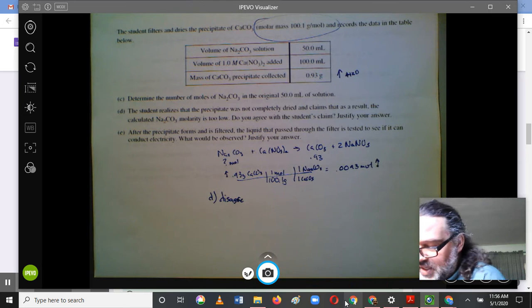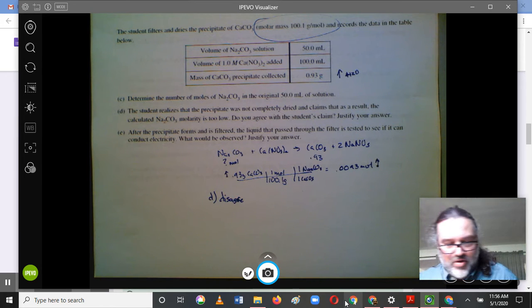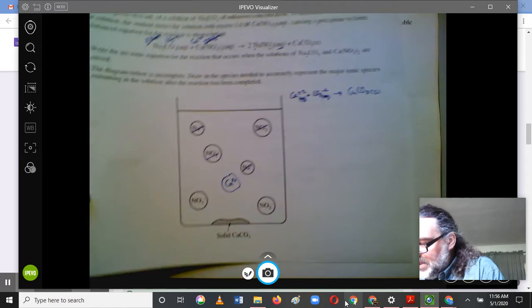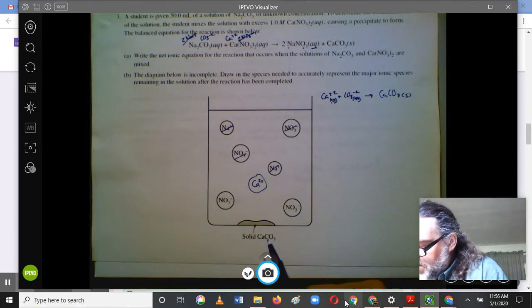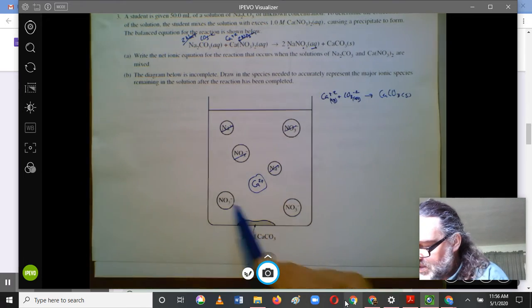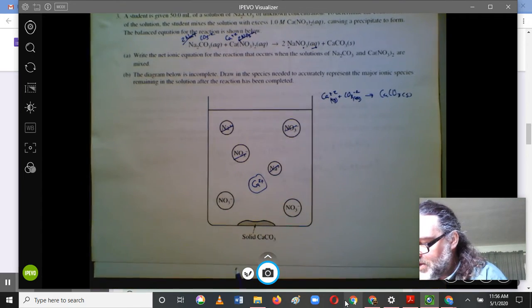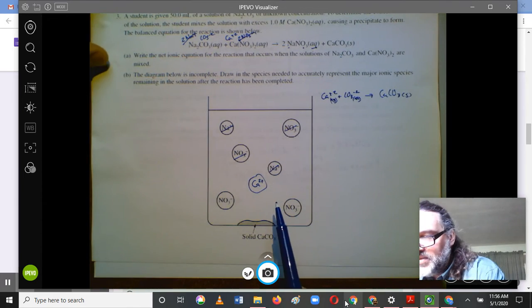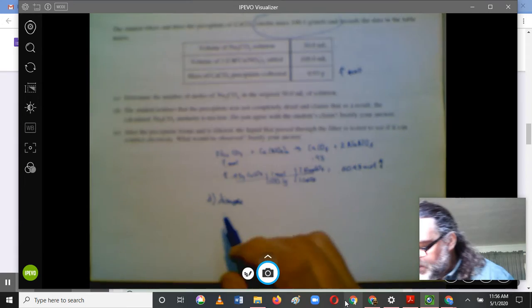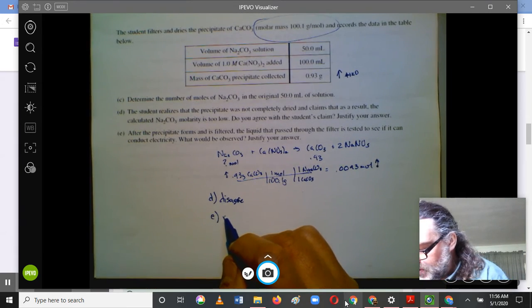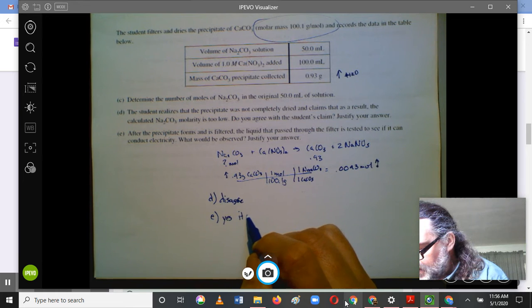Let's talk about E. After the precipitate forms and is filtered, the liquid that passed through the filter is tested to see if it can conduct electricity. What would be observed? We're talking about this liquid right here, because after we went through a filter, the precipitate would be in the filter, and this liquid would be floating around. Does that liquid conduct? I would say for sure, yes, it's conductive.